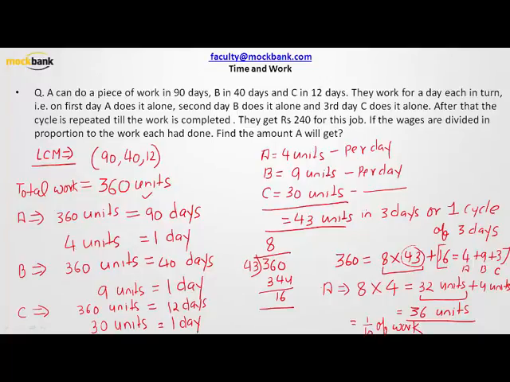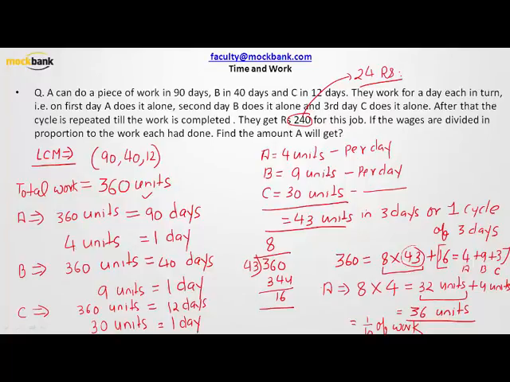And if you do 1/10 of work, what is your remuneration? Your remuneration will also be 1/10, isn't it? If the remuneration is going to be 1/10, how much would A get? A would get 24 rupees. As simple as that. Because people will be distributed the amount in the ratio of their work.